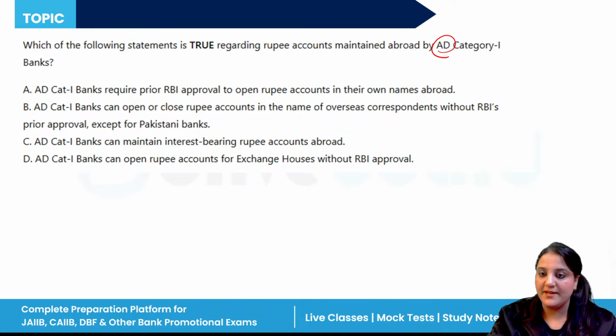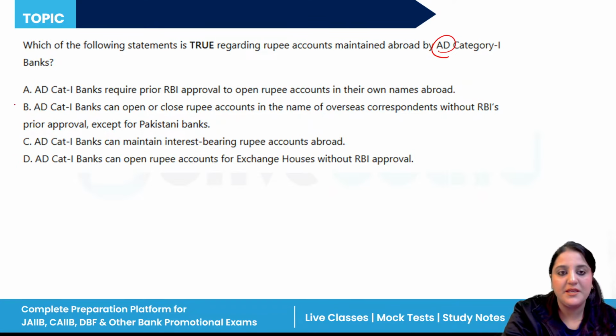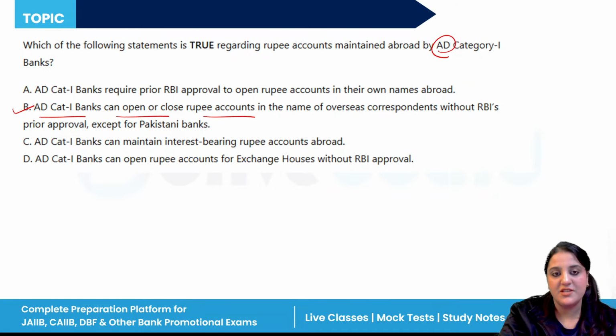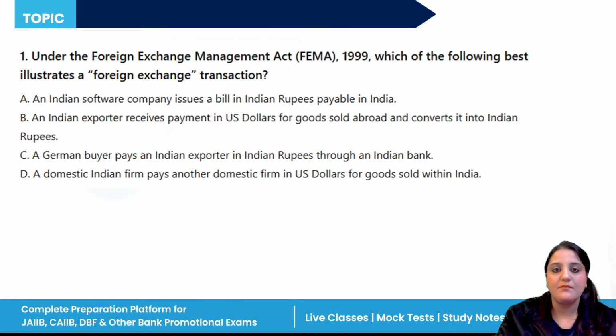However, we can say opening a rupee account for exchange houses which are used for private remittances does not require prior RBI approval. But here the correct answer is option B, which is true regarding the given statements. Authorized dealer category 1 banks can open or close rupee accounts in the name of overseas correspondents without RBI approval, except for Pakistani banks. So option B is correct here.